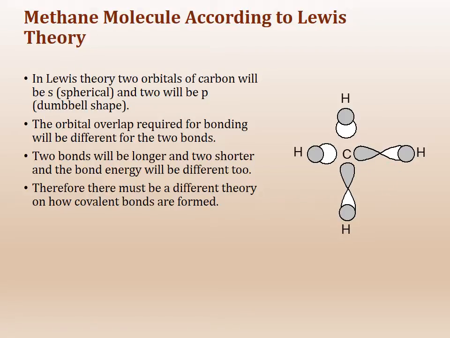And technically and in reality that's not the case. All the four bonds for methane are the same energy, they are the same bond length, so it doesn't hold up. Lewis theory does not hold up for that reason, and hence we have the valence bond theory, which helps to explain a little bit about how the bonding actually occurs.